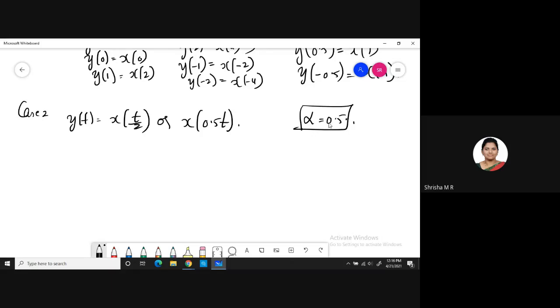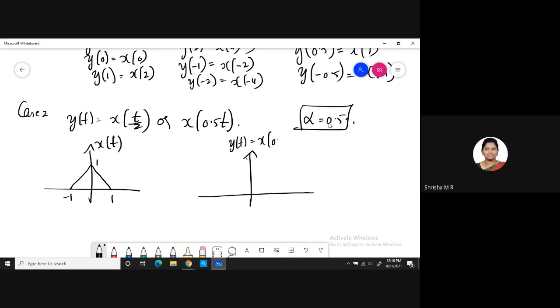What happens to our original signal? I'll take this as the original signal, present from -1 to +1 with an amplitude 1. This is my x of t. The resultant signal after scaling would be y of t equal to x of 0.5t, or x of t by 2. So what will you do?